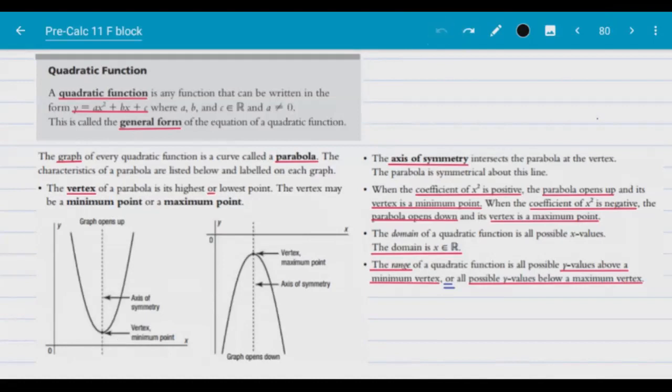If it is opening down, the range would be y is less than or equal to the y value of the vertex. I'll say it again. If it is opening down, the range would be y is less than or equal to the value of the y in the vertex. All right. I hope that makes sense.